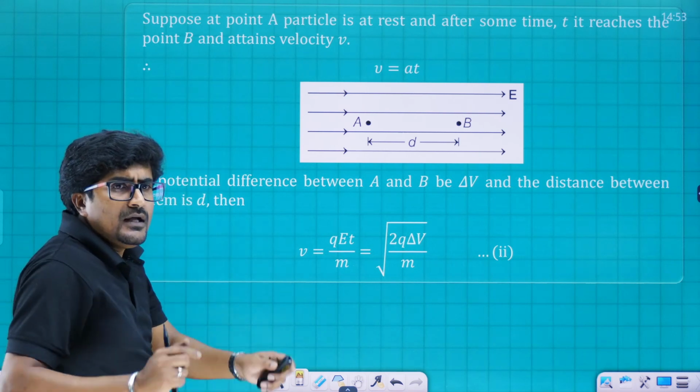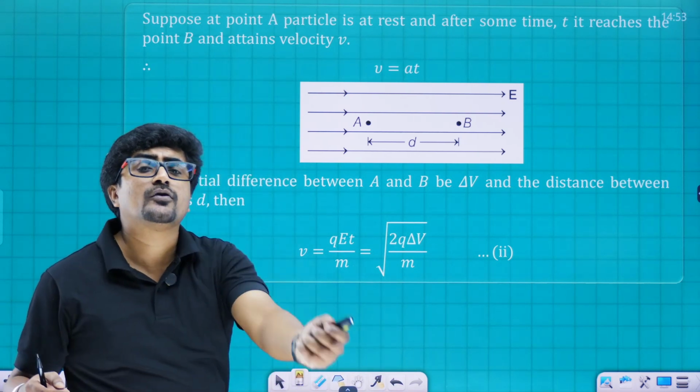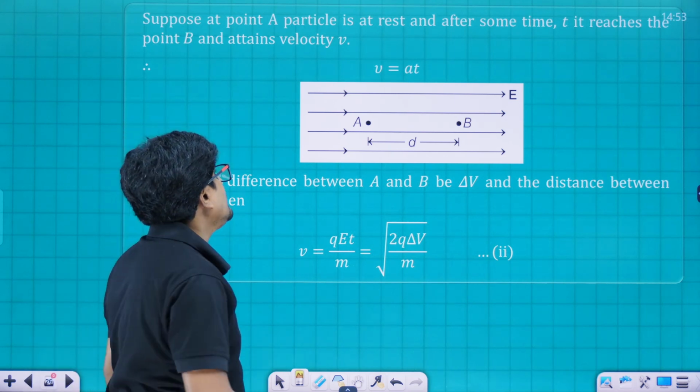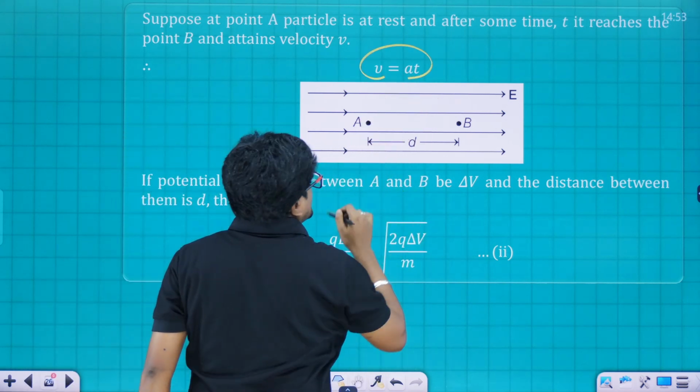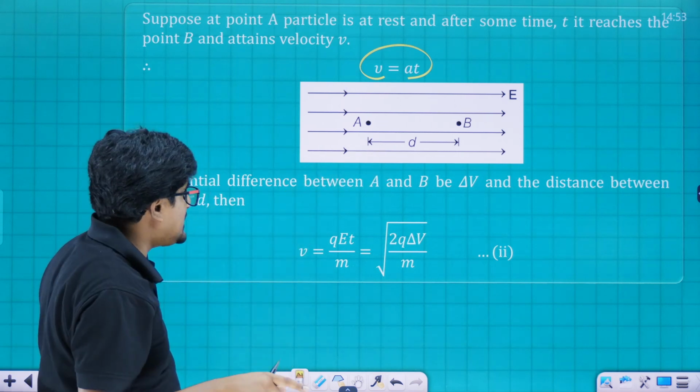Now if that charged particle is allowed to be in the electric field for a time duration of small t, then it is going to attain a final velocity v equal to a into t.